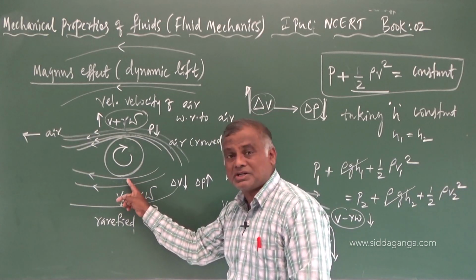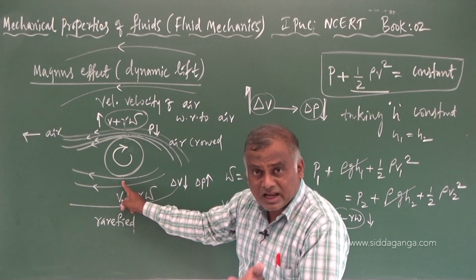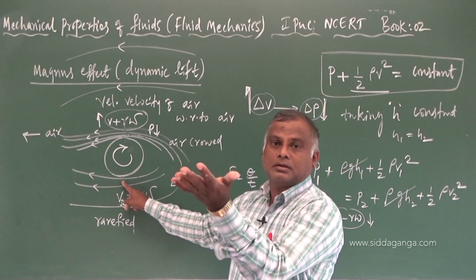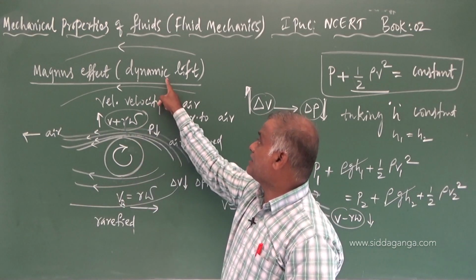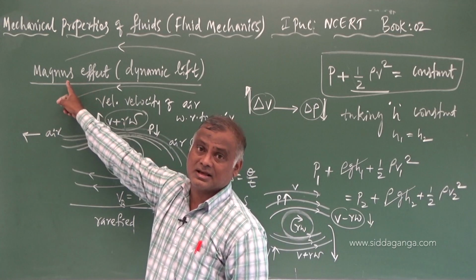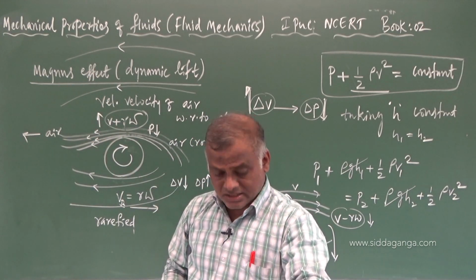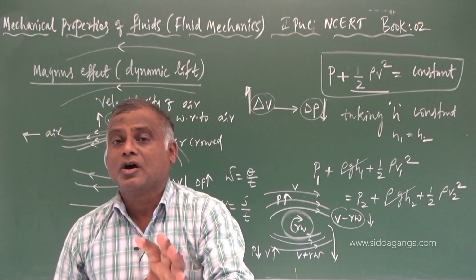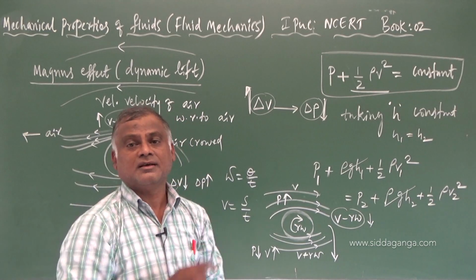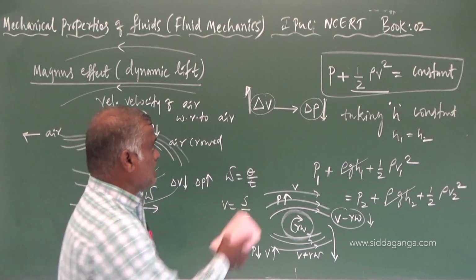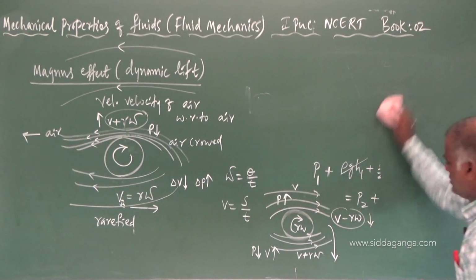A greater pressure at the bottom lifts the ball up, and this is known as dynamic lift, or we call this the Magnus effect, which can be explained on the basis of Bernoulli's theorem, caused because of a difference in pressure and velocity.